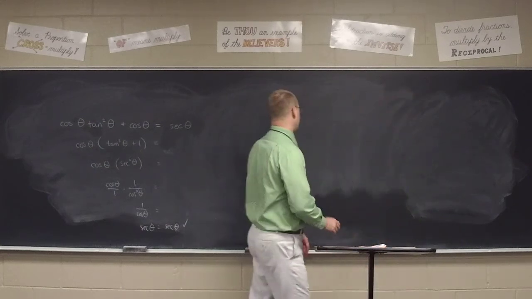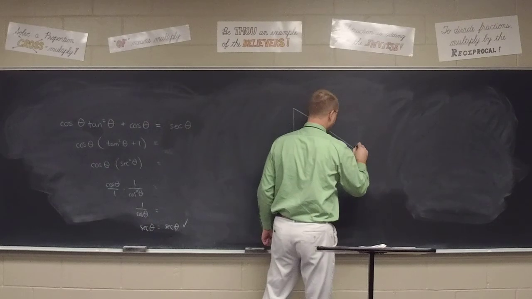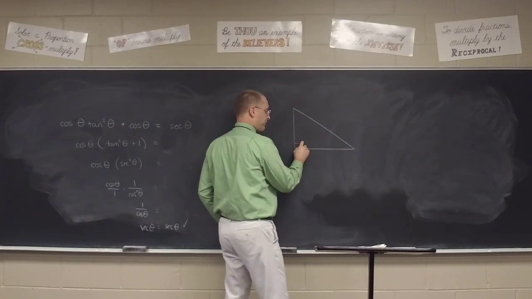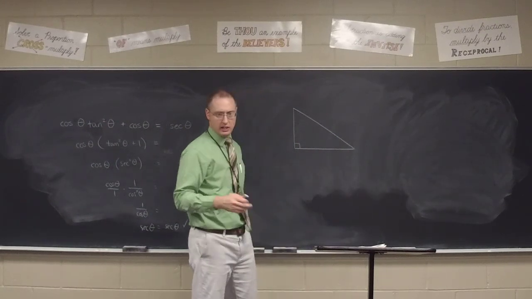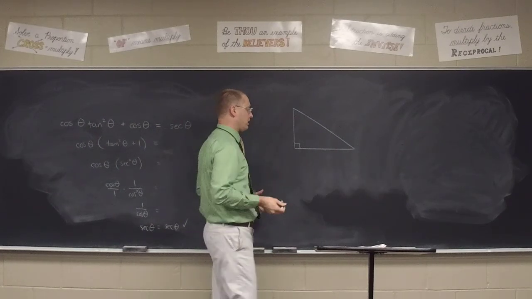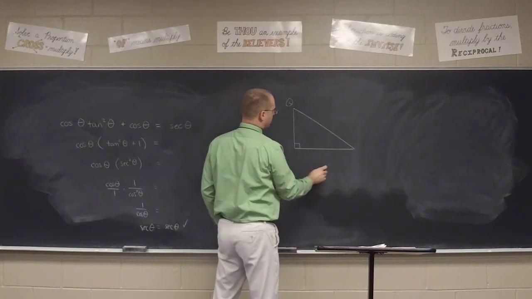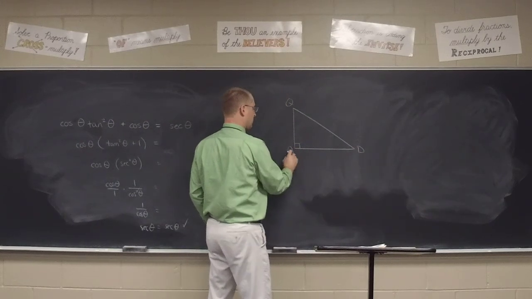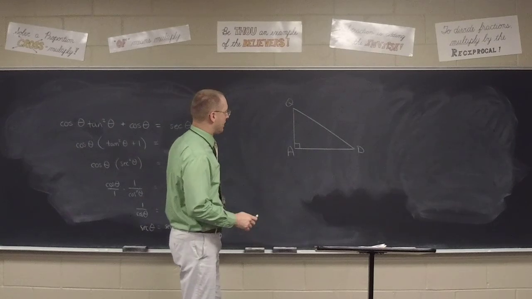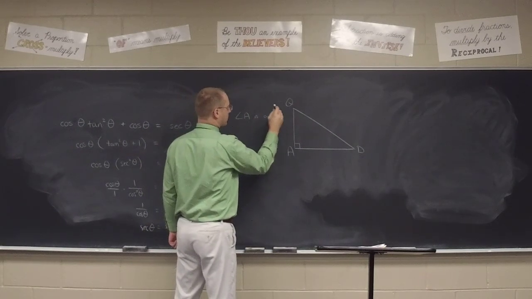All right, one of the earliest things we talked about was how to solve right triangles. And we've actually done a fair bit with this in physics, right? We've had to use right triangles in various problems. So for instance, if we call this triangle QDA, and we said, of course, that angle A is a right angle.